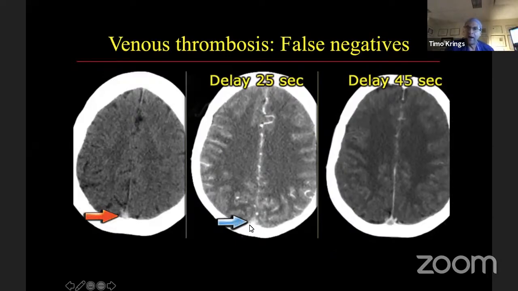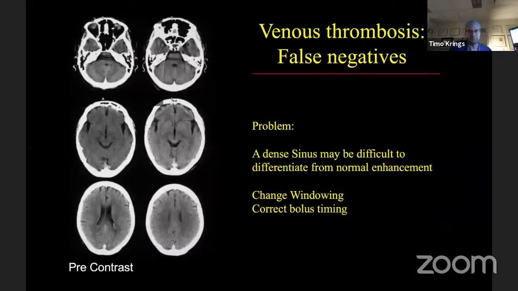So if you are in an arterial phase, you will not see the empty delta sign because the other veins have not yet shown up, and you will see the hyperdense signal of the hyperdense clot. Therefore, finding the right delay is something that is extremely important to avoid this pitfall of venous thrombosis.